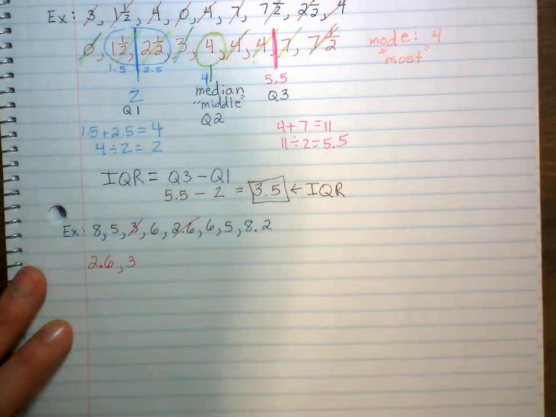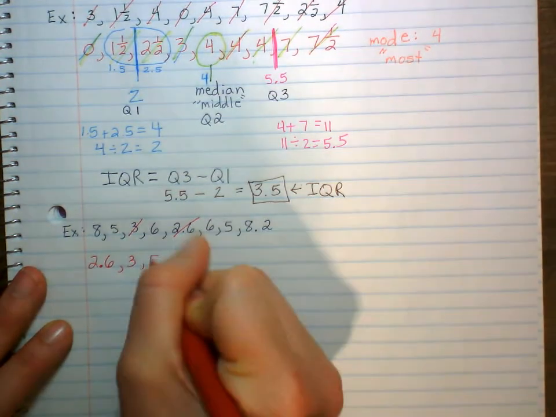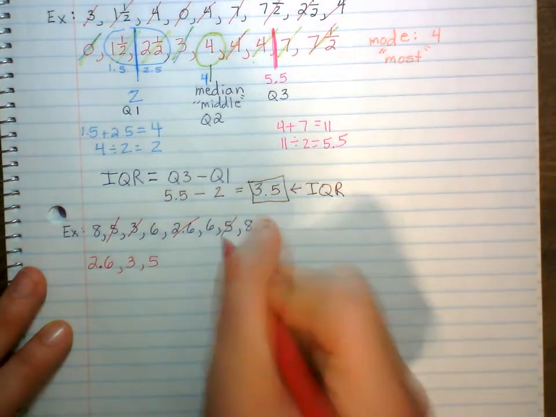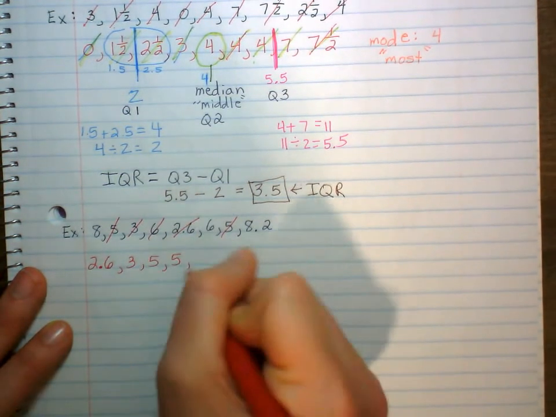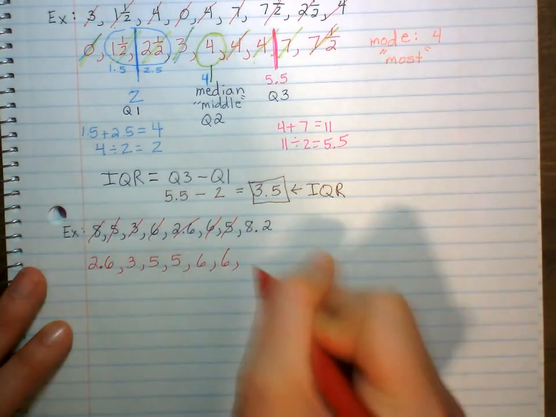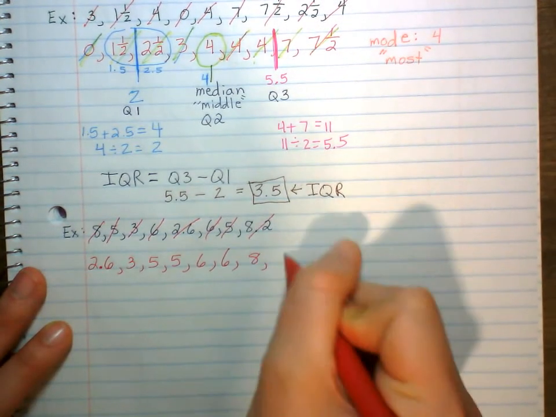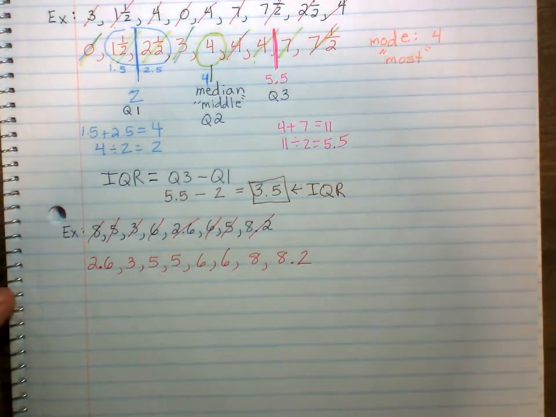Cross it out each time you write it, guys, so you don't repeat numbers or miss numbers. We have 5. We have 5 again. A 6. A 6. An 8. And then 8.2. So put them in order, least to greatest, smallest to biggest.